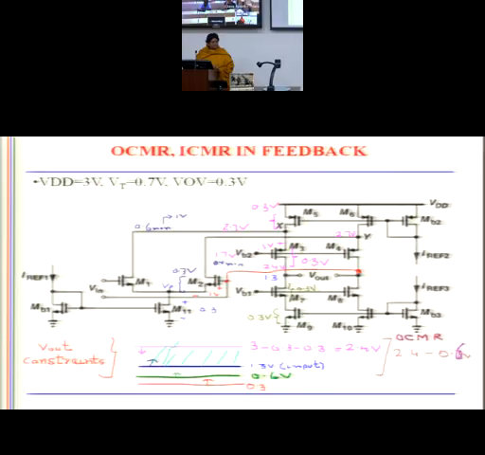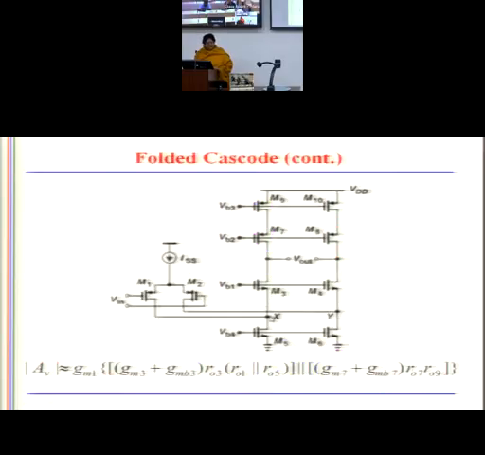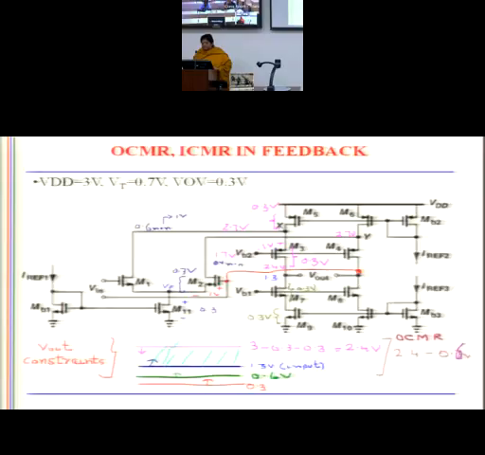The only thing is that this is the folding node, where with N input the folding node becomes this. Otherwise everything remains the same. You have changed your input pair from NMOS to PMOS to NMOS.